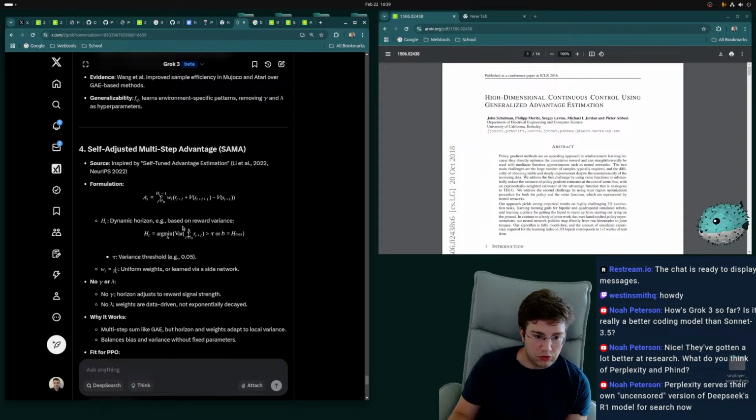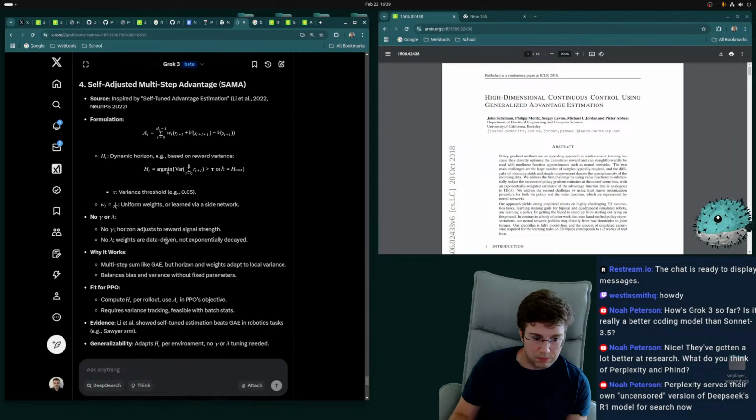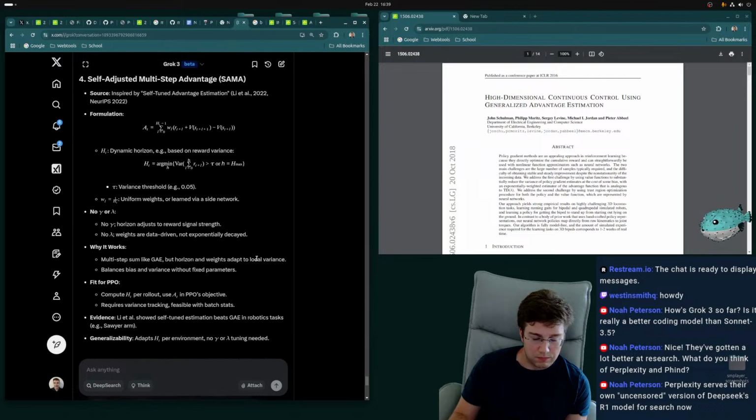So this is what I was looking at based on reward variance. You should basically be able, the idea here is you basically should just be able to fit these parameters to the reward distribution.